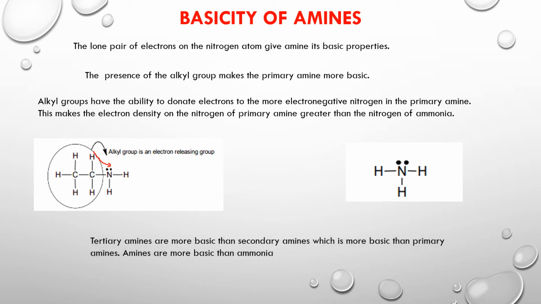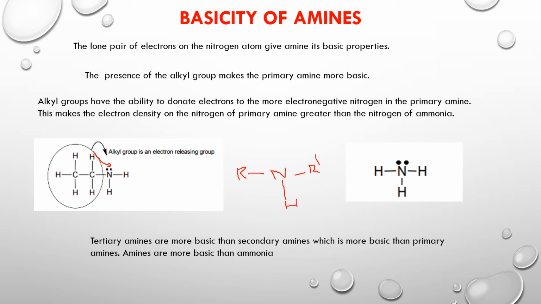Tertiary amines are more basic than secondary amines, which are more basic than primary amines. I've already explained why primary amines are less basic compared to secondary amines. If I am looking at a secondary amine, we will have an alkyl group, a nitrogen, and another alkyl group. So we will have two alkyl groups connected to the nitrogen, and then it has a hydrogen atom here.